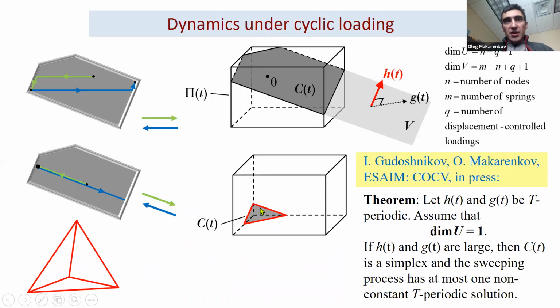It looks planar here, but this is all in higher dimensions. Therefore, this red triangle is actually a red simplex.